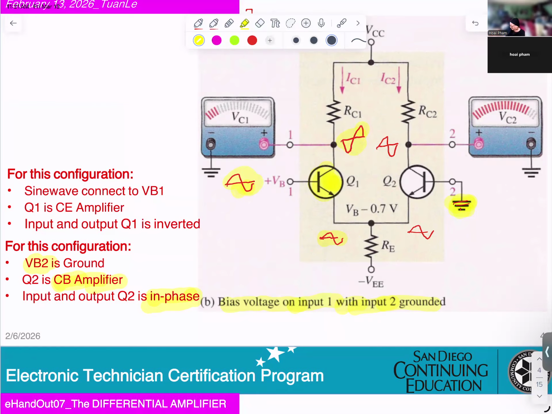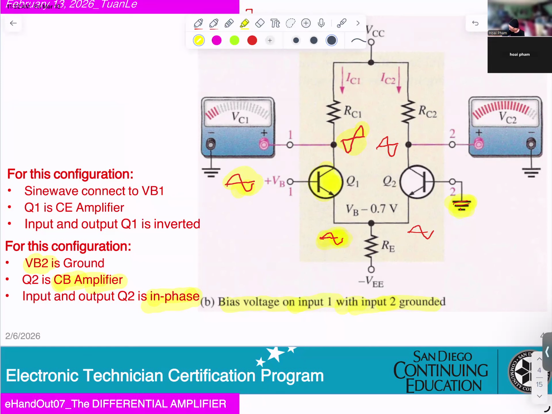Input and output will be 180 degrees out of phase. So you get a sine wave at the base of Q1, and you get a sine wave at the emitter.